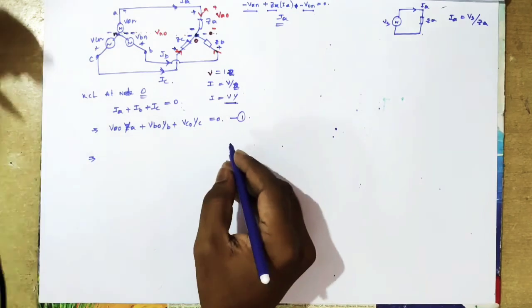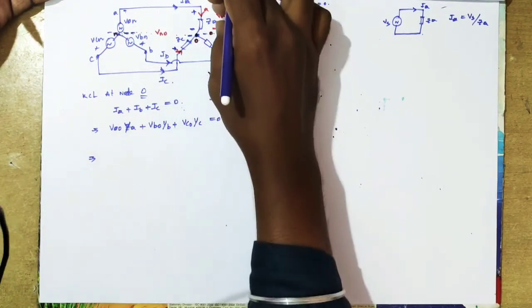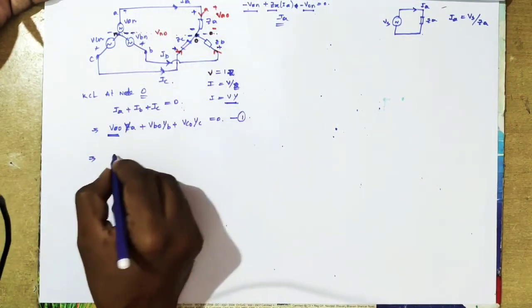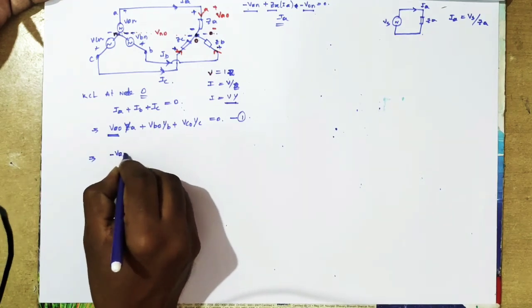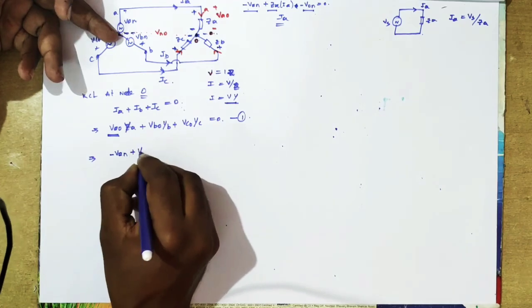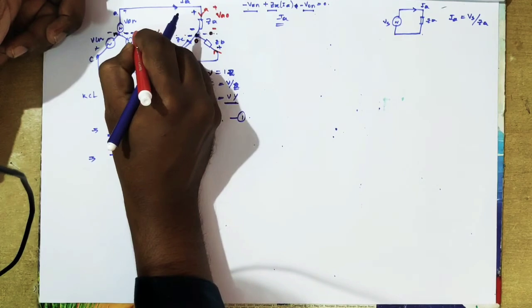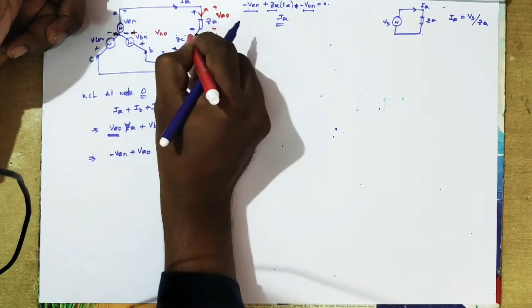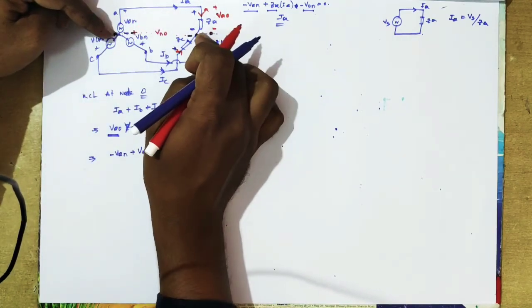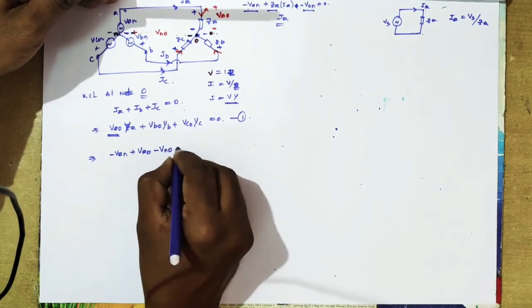Now we also observe the loop equation, so we have to find VA0. If we start from here, we have minus VAN plus VA0, and then VN0, where we have to keep the potential at this plus minus. If we are taking voltage from neutral to O, therefore we keep minus VN0 equals 0.